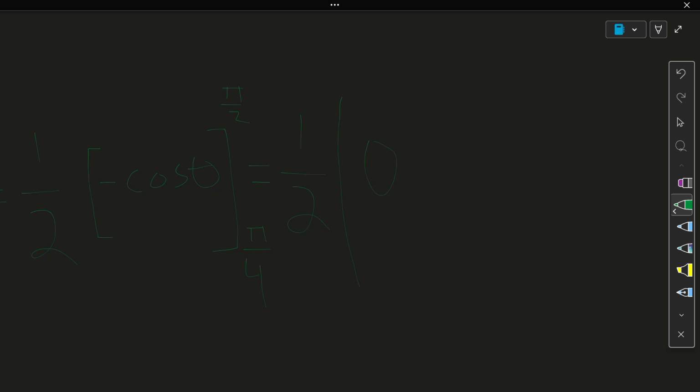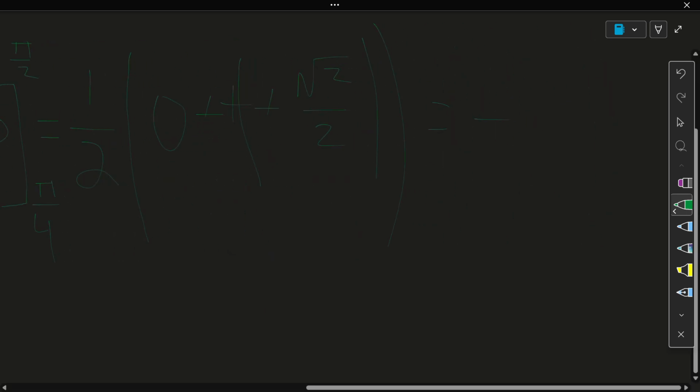Then we have negative cosine of pi over 4, which is exactly negative root 2 over 2. These signs cancel out to become pluses. And then we just get 1/2 times root 2 over 2, or more simply, root 2 over 4.